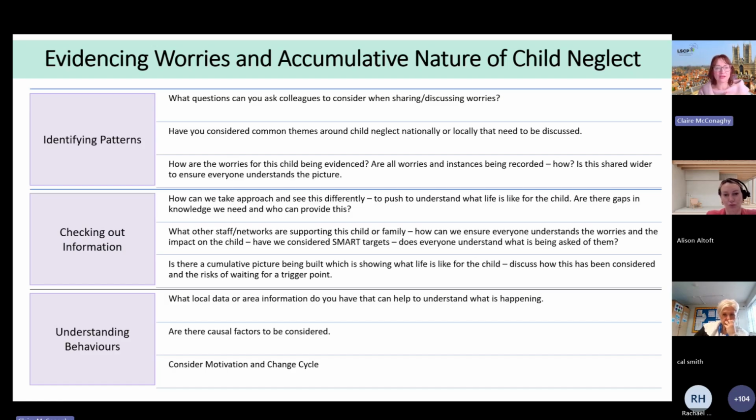So we want to take a different approach. We want to push to understand where we can get this knowledge from. Sometimes that could be an activity that's done way before, something we can prepare for.